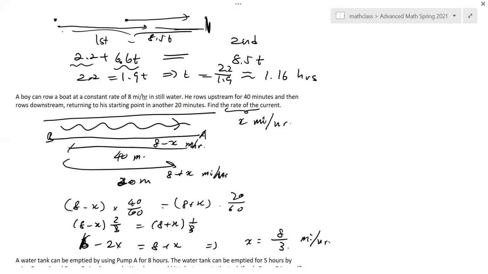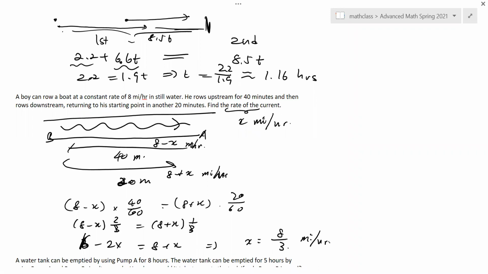That's a key point. Because we don't know the distance exactly, but we know the combined rate. It is either 8 minus x or 8 plus x, depending on against the current or with the current. Then you compute the distance, because they travel the same distance, forward and backward. Then you get the equation.